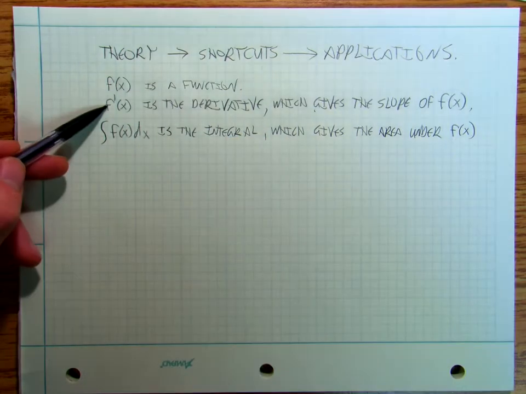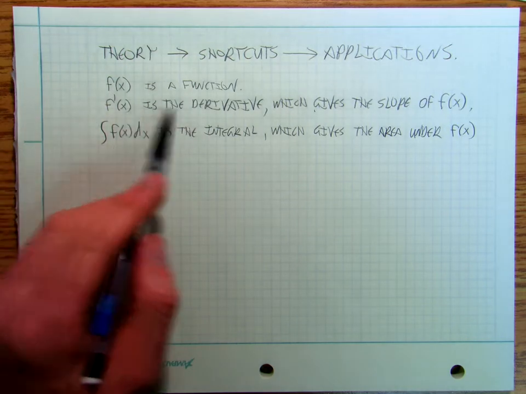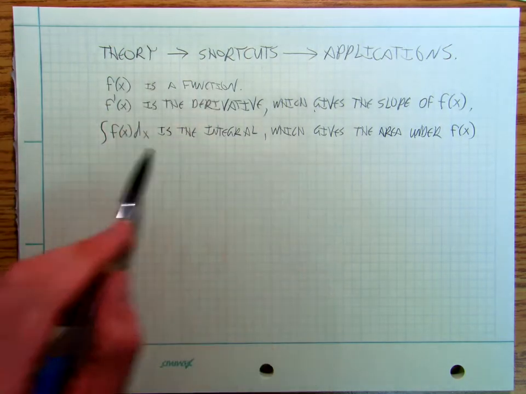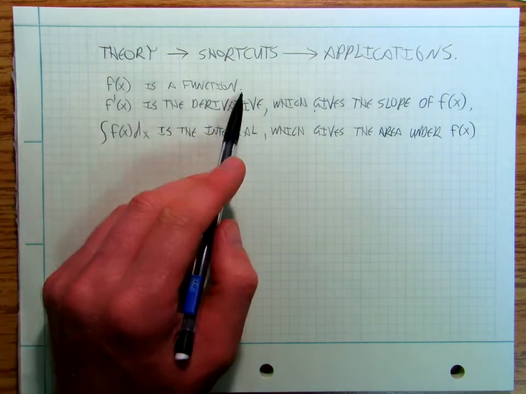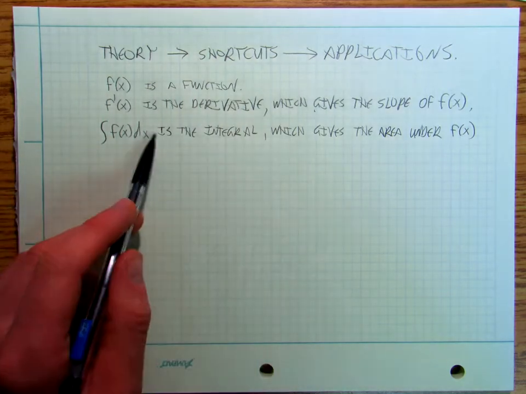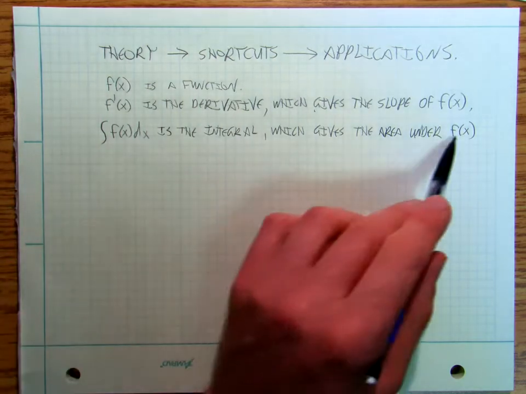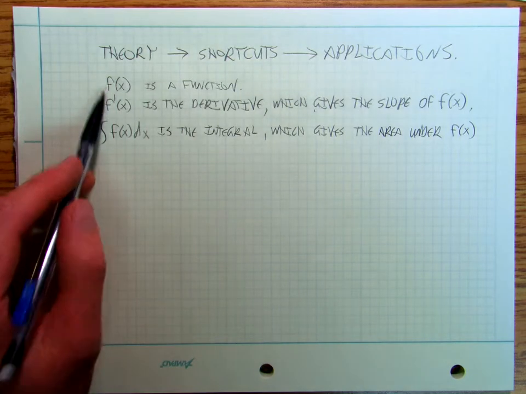So the first derivative finds the slope of the function, the second derivative finds the curvature of the function, the integral gives the area under this function.